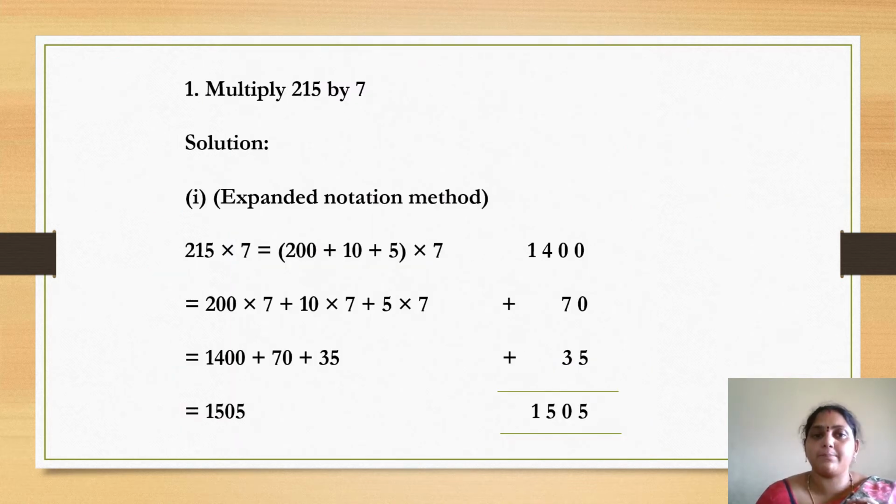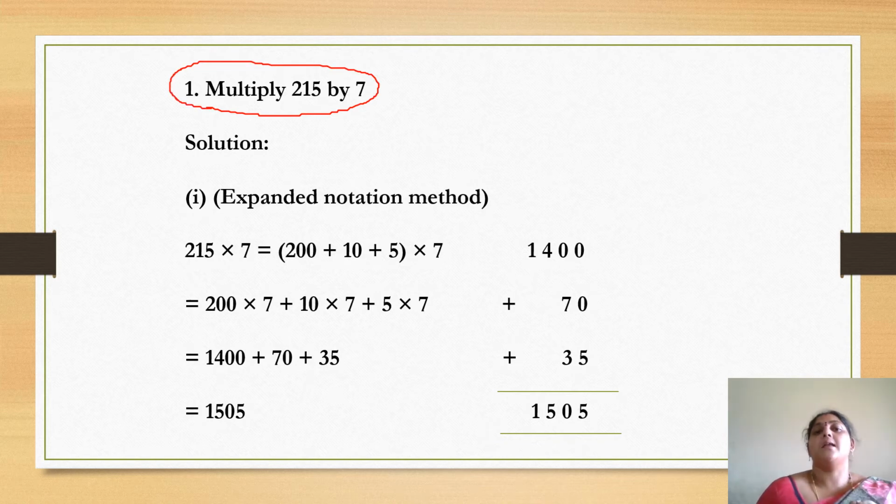Now we will see multiplying a number with a single digit. For example, I have taken a large number, that is 215 multiplied by 7. First what I have to do is expand this 215. How am I going to expand 215? 200 plus 10 plus 5. So what do I multiply here? I have to multiply it by 7.